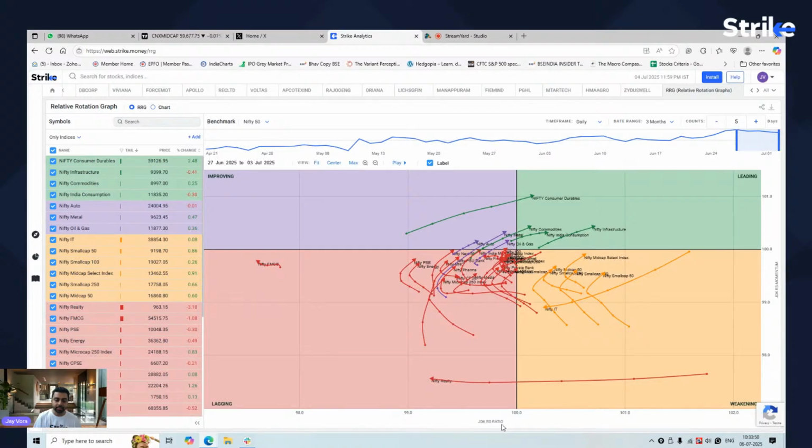On the x axis is the RS ratio, that is relative strength, and on the y-axis it is momentum. RRG is the only unique tool that combines momentum and price action together, and that's why it helps to a very large extent to find out the stocks which are outperformers, underperformers, and so on.